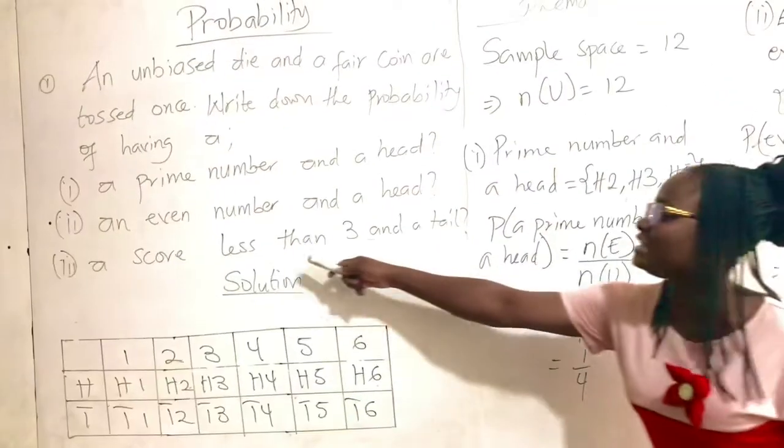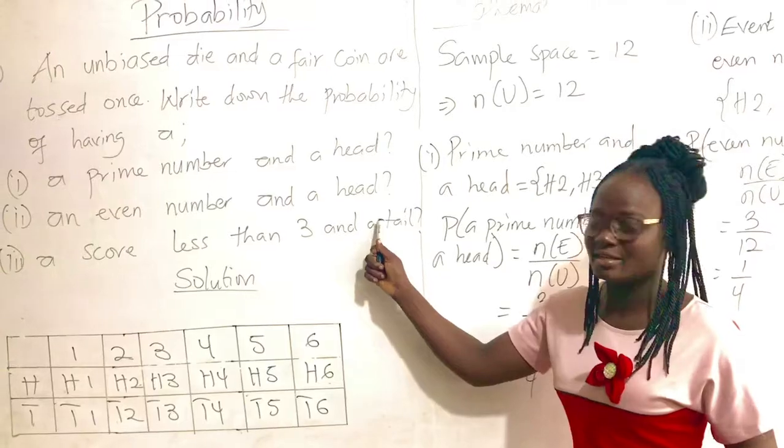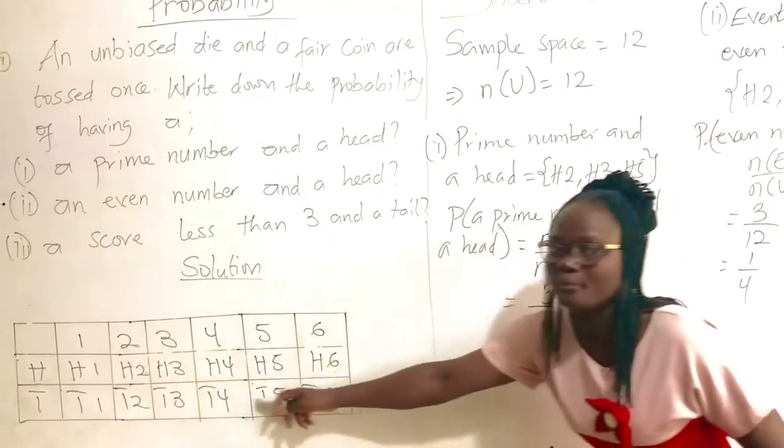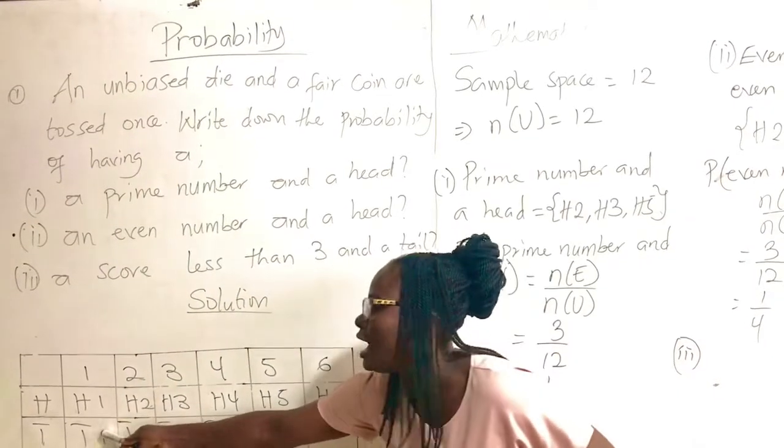The last question is, the scores less than 3 and a tail. We come to the tail column. Which of them is less than 3? We have 1 and 2.